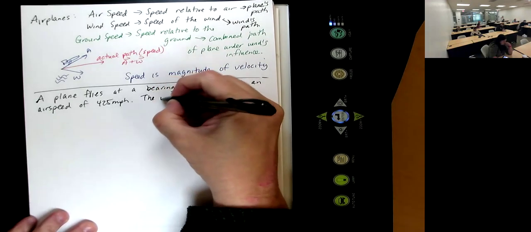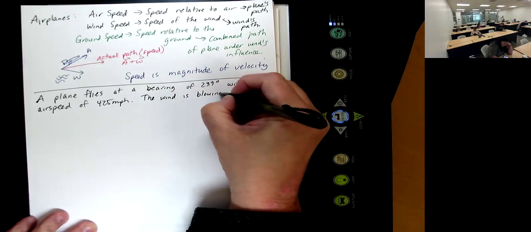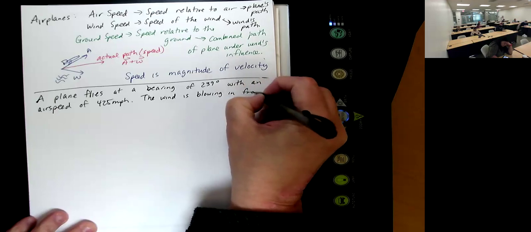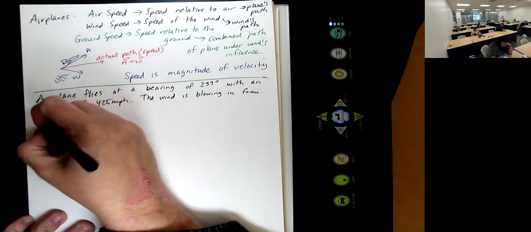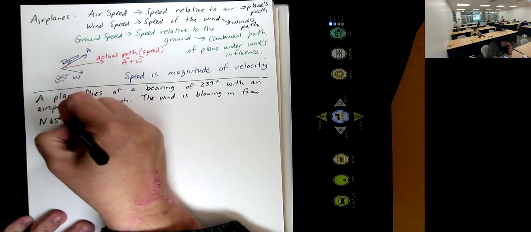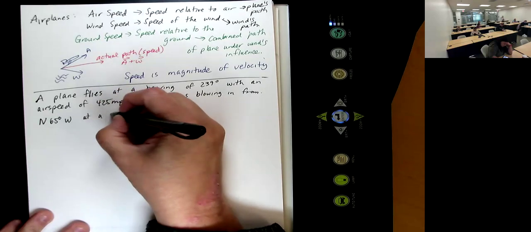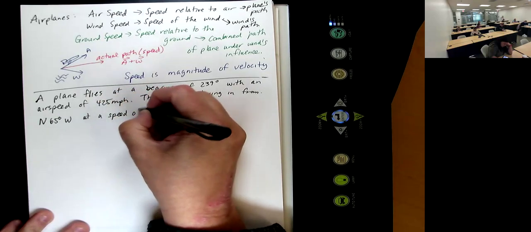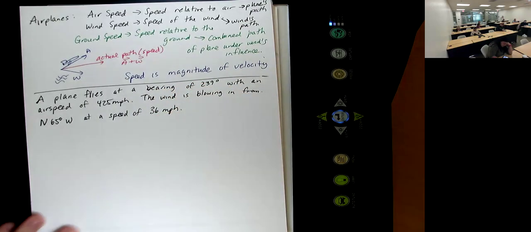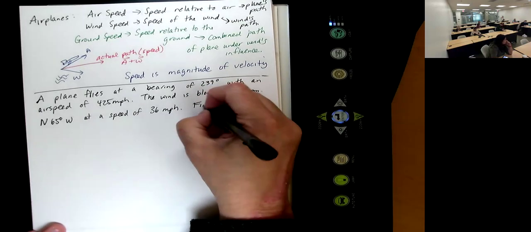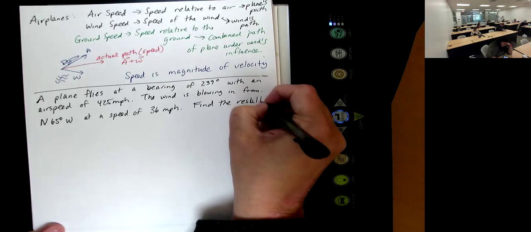The wind is blowing from north 65 degrees west at a speed of 36 miles an hour. Find the resultant bearing and speed.